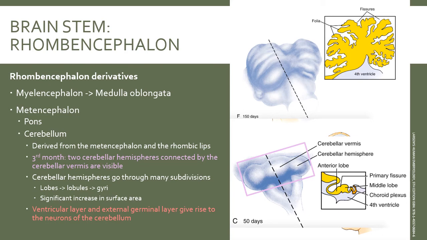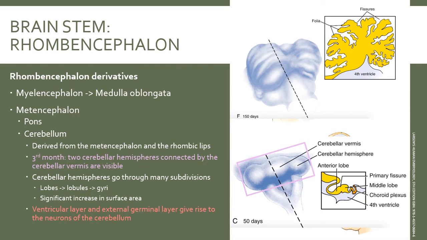That involution, that creation of all of these different little projections and wrinkles, creates an extreme increase in surface area. And the more surface area you have, the more neurons you can have. So the cerebellar hemispheres go through many different subdivisions, creating all this extra surface area, allowing for more neurons.